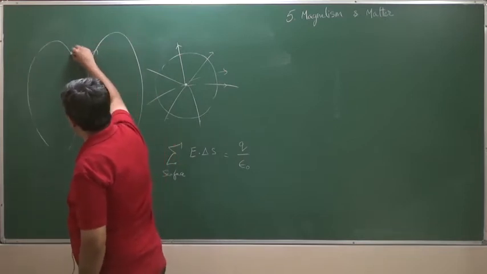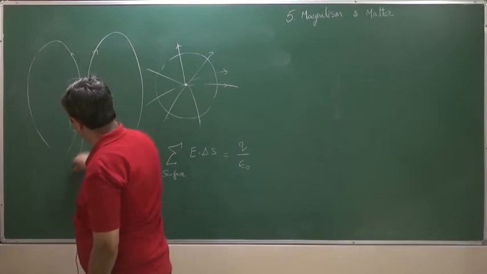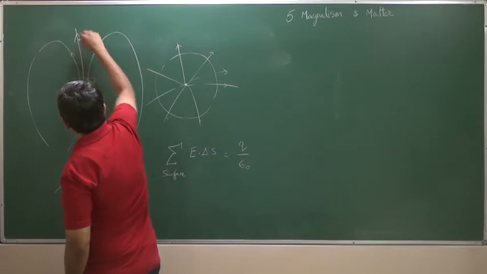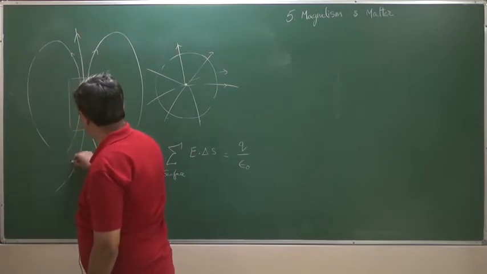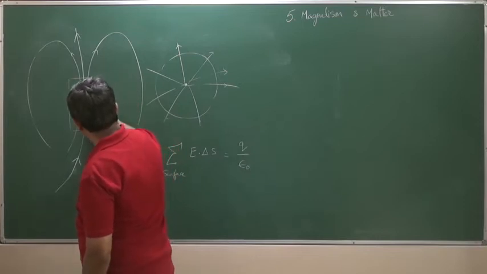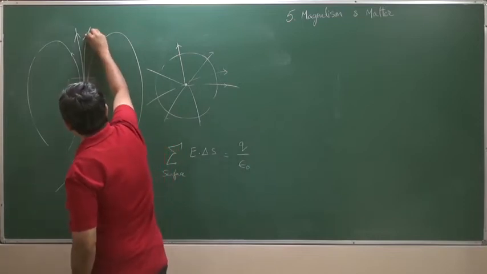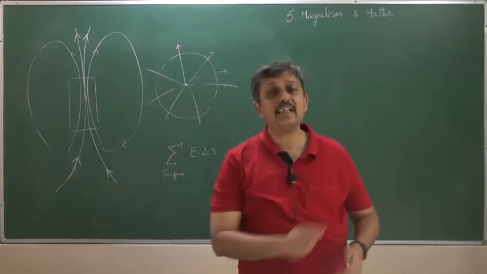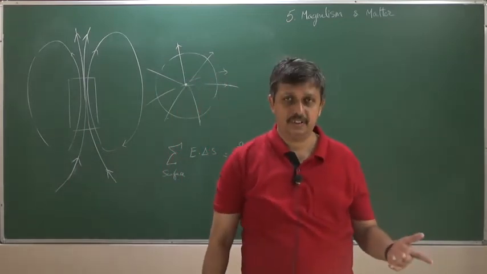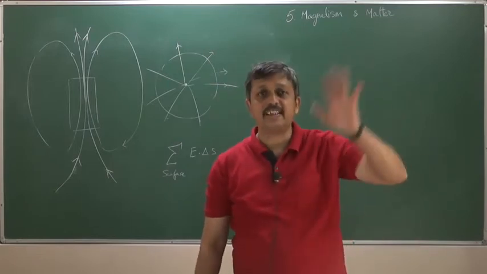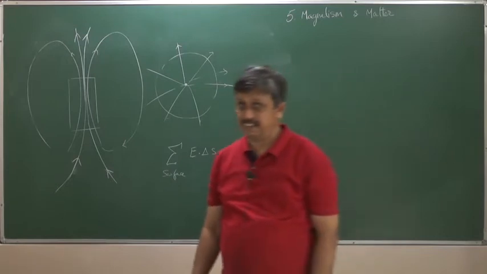These are our B lines. The lines are always loops. They start from one end and come back to that only. There is no starting and ending point for the lines.